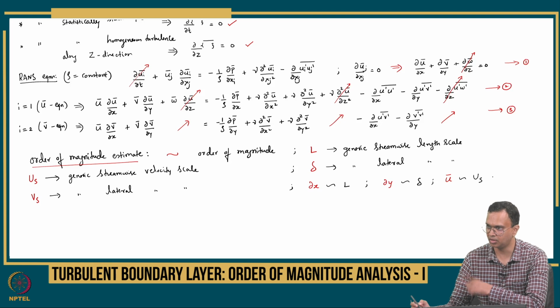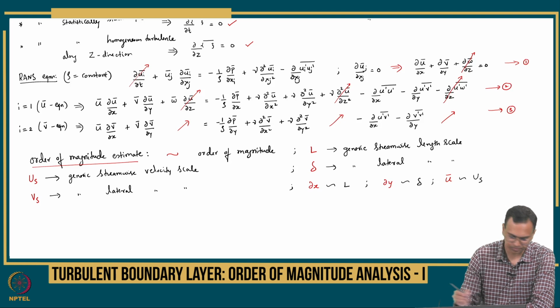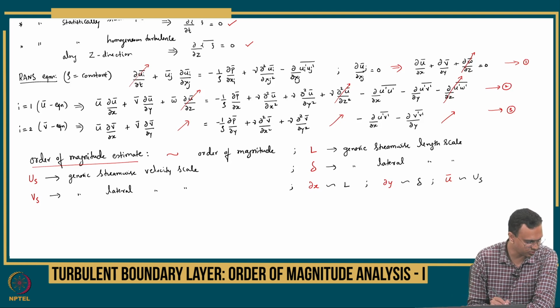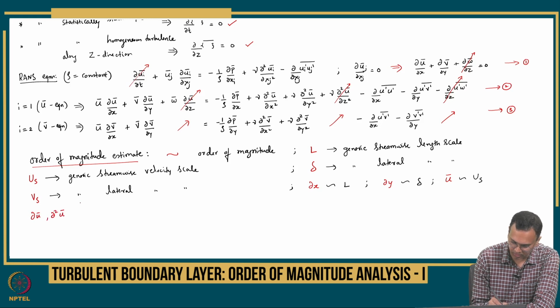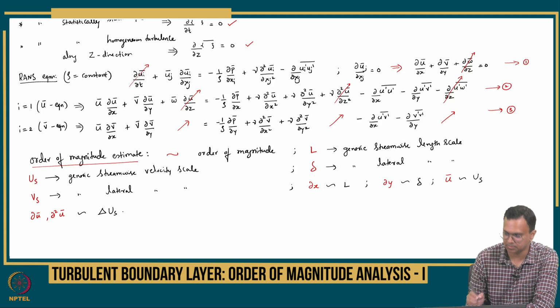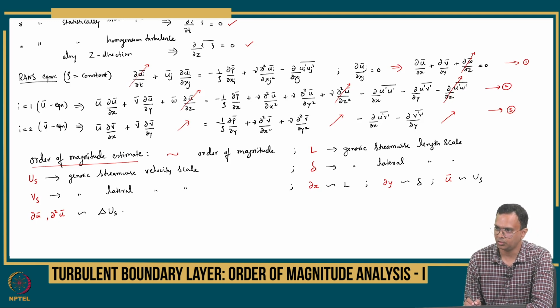So I cannot use the same scale Us, I need a different scale for the changes in u. So I am going to use for this dou u bar and dou square u bar, for both of these, a scale called delta Us, not Us but delta Us.